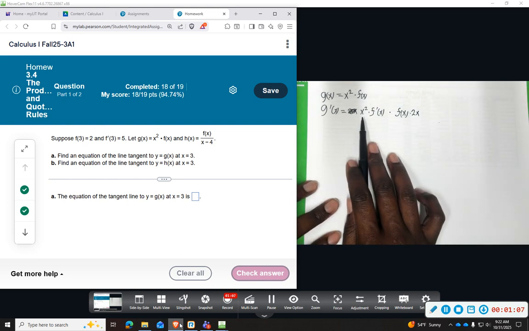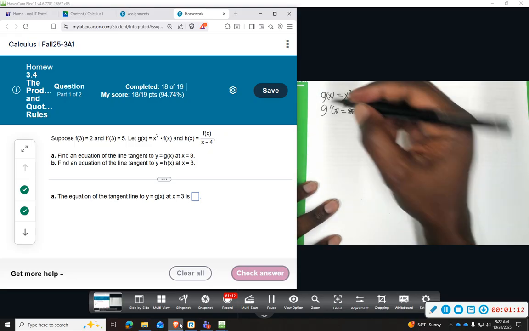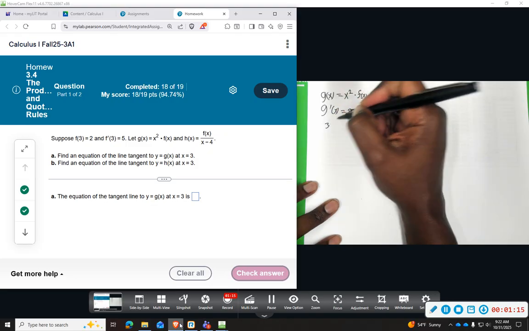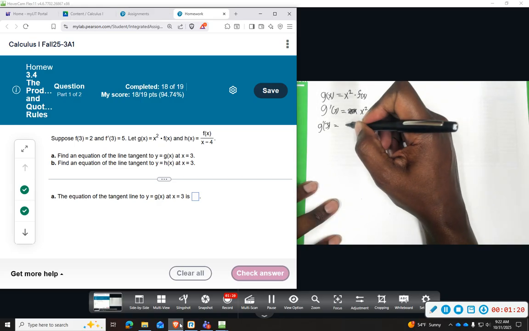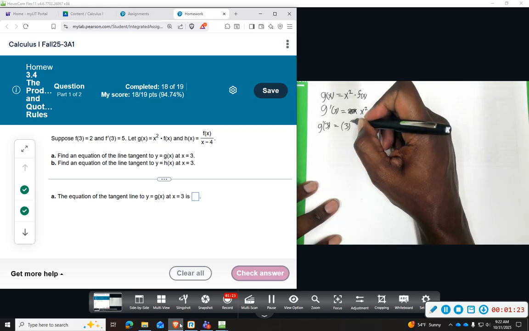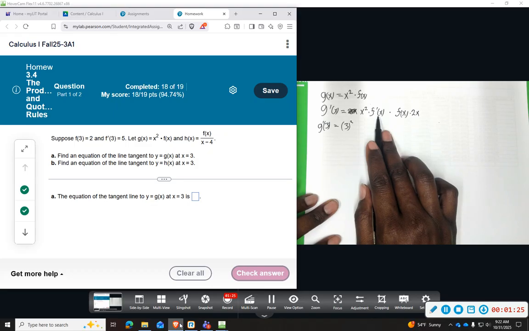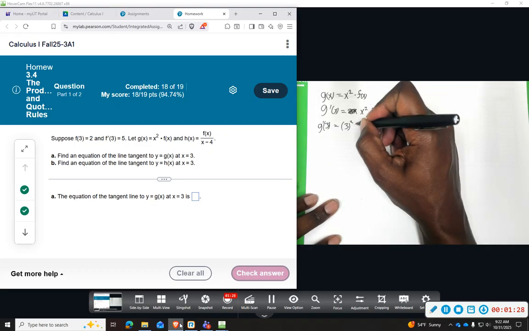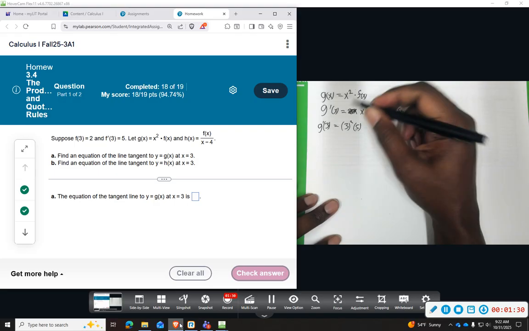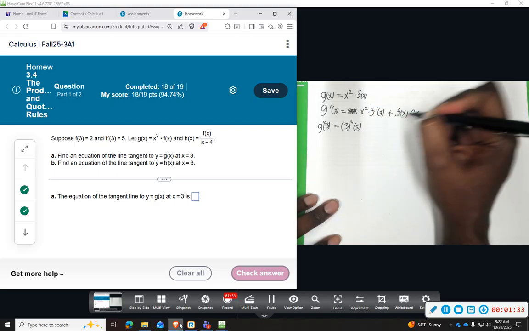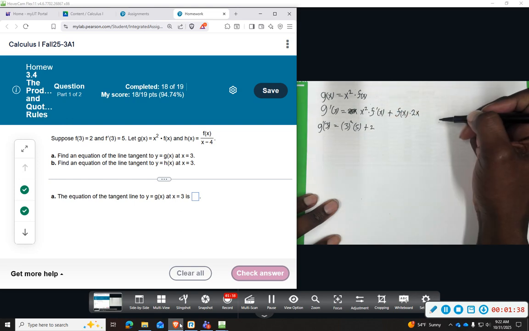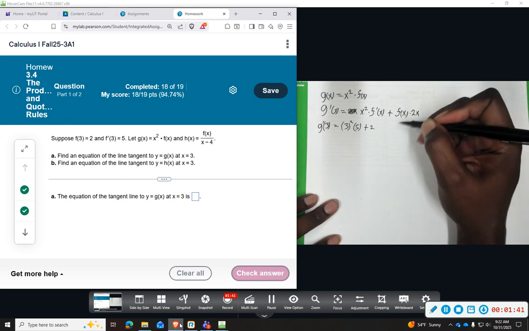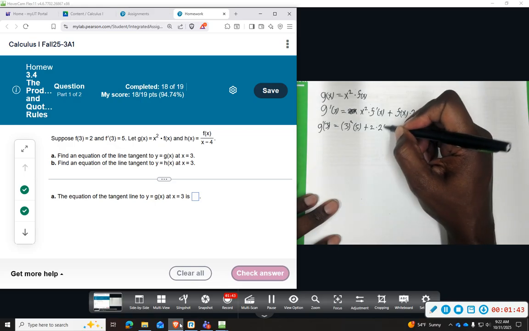And then we are going to plug in 3. And this is going to give us the slope. So that will be 3 squared, f prime of 3 is given to be 5, that's 1d2, plus 2d1, f of 3 is given to be 2, and then 2 times 3.